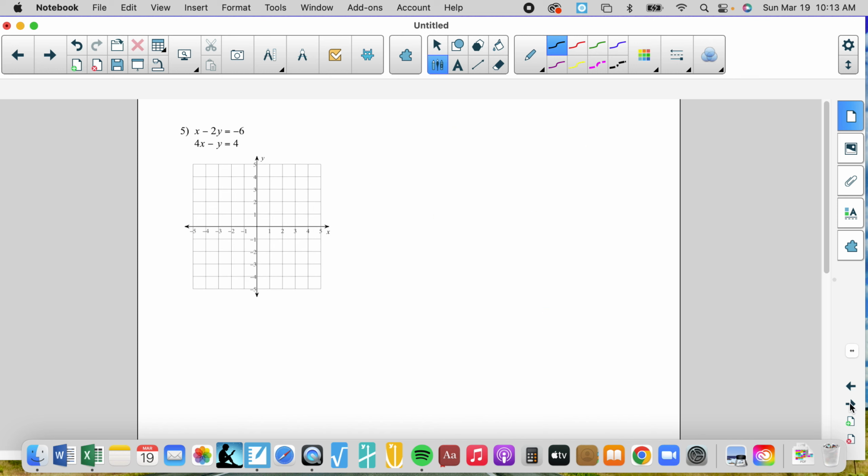So that checked out. Now, number 5 is not in slope-intercept form. It is in standard form. So for standard form, I'm going to find the x and y intercepts by using the cover-up method.